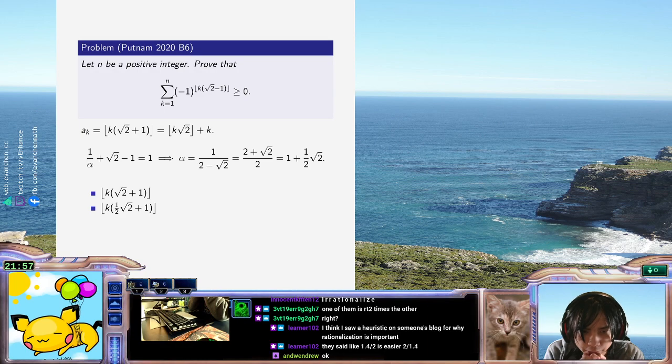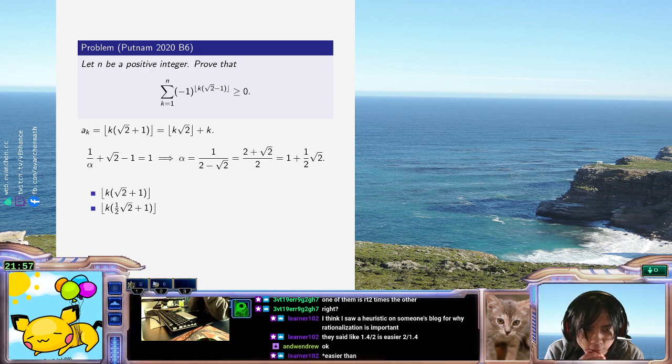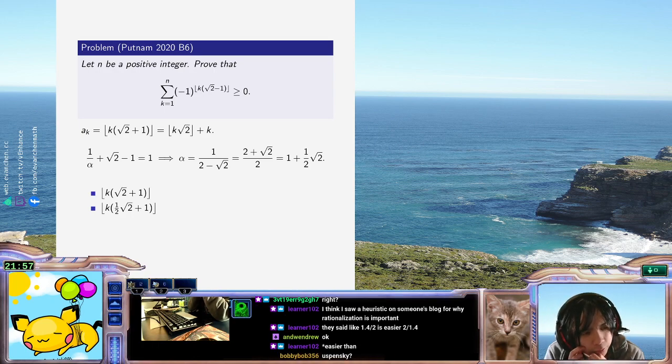What's the relation between these two? One of them is like square root 2 times the other one, right? Yeah, so the constant here is pretty special.